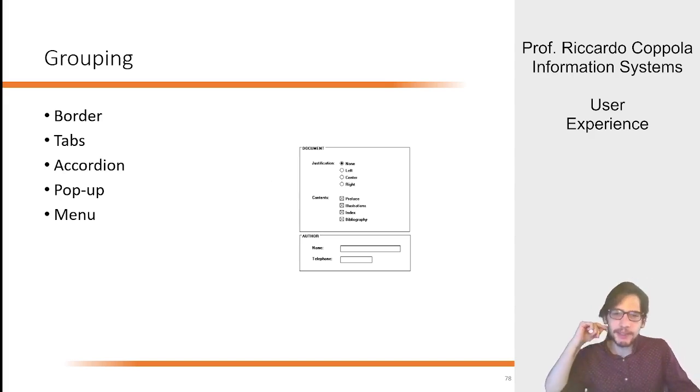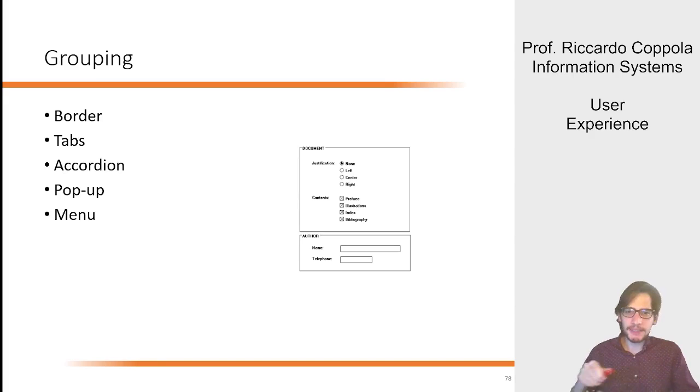Other elements, other best practices are, for instance, grouping. So we will group elements together and information together. Typically, if the information is related to the same topic or to the same feature, we can put a box around them so that I know that all those information, all those widgets are related to the same function.